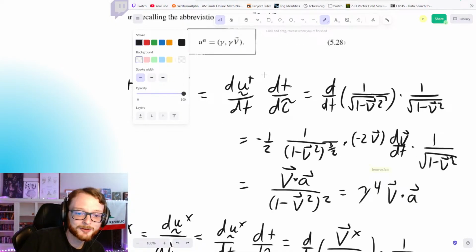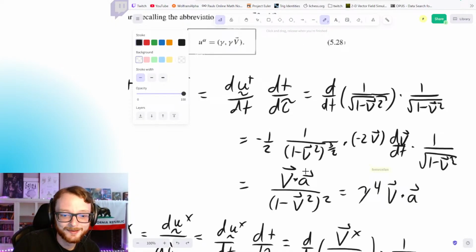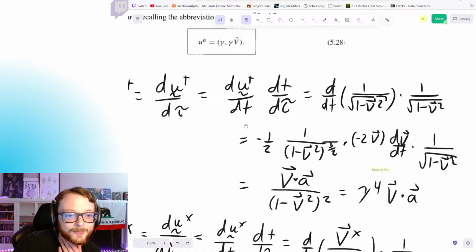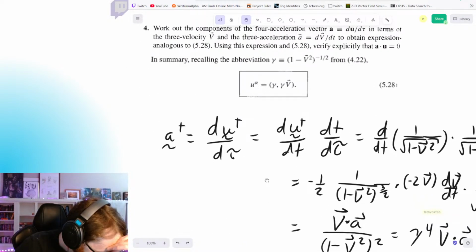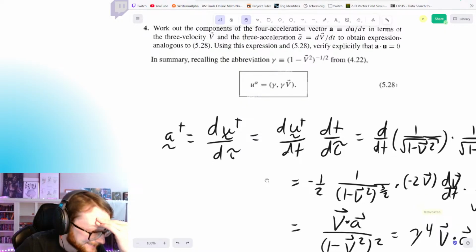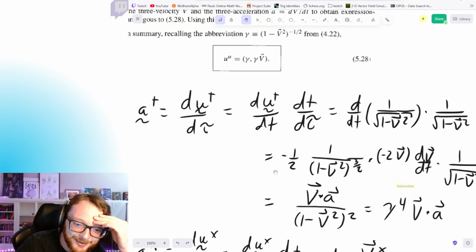I feel like you could. But then what is this for time? Does time take the overall velocity?